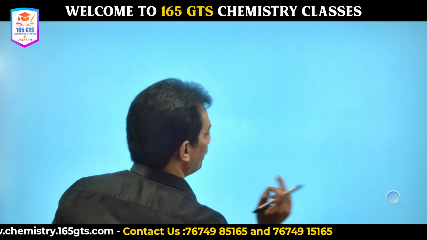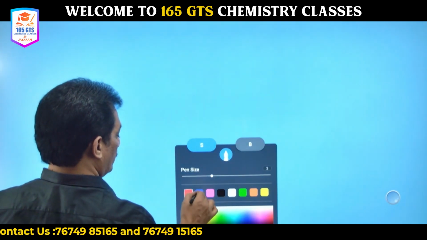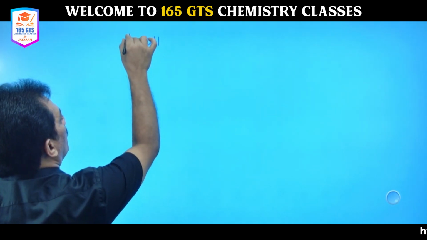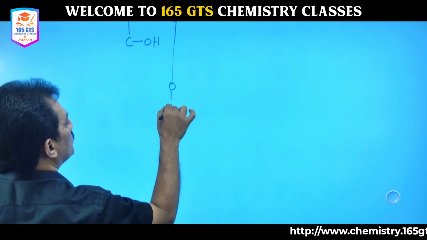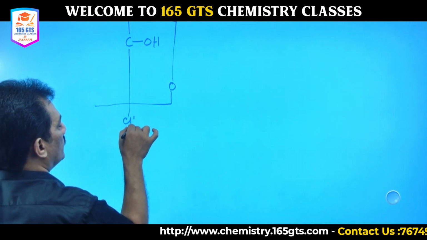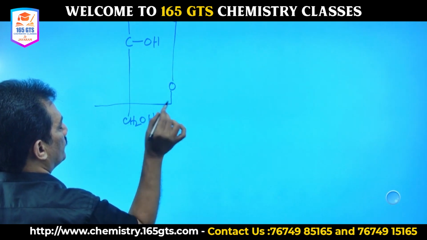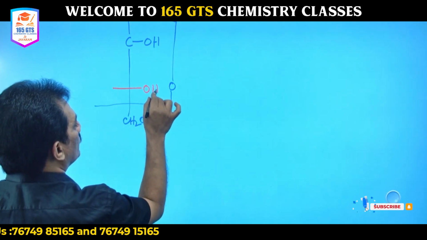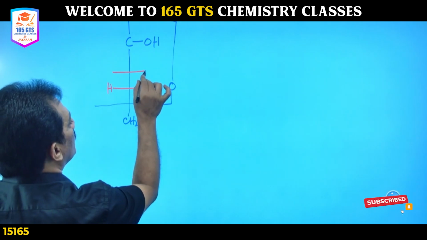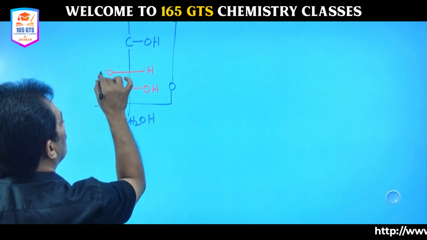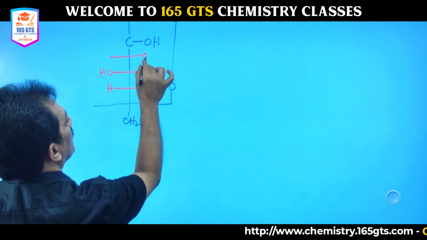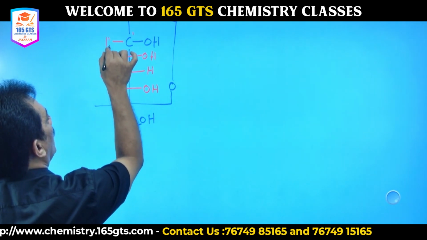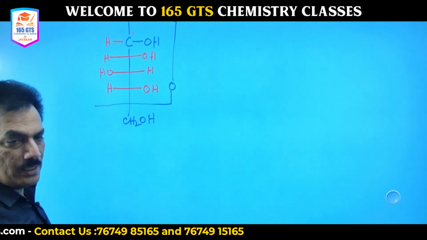Let me start with it. This is alpha D glucose in Fischer projection: fourth carbon, third carbon, second carbon, and this is the first carbon here after converting into hemiacetal.